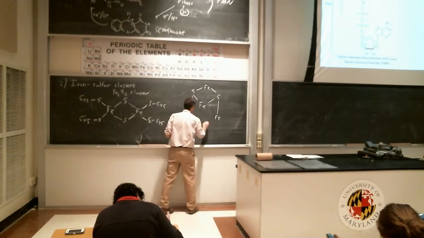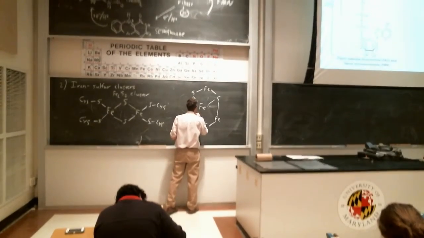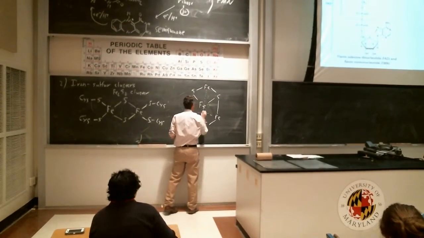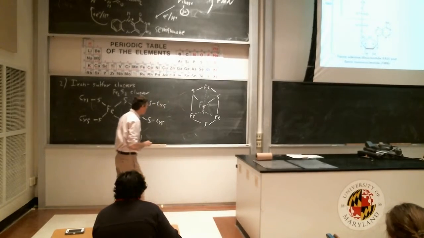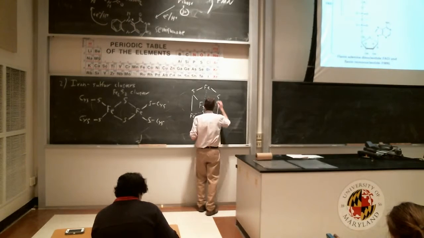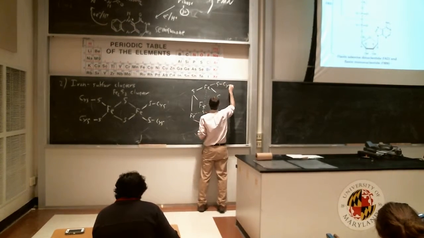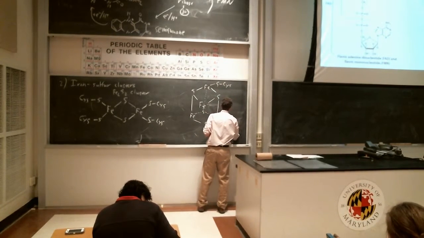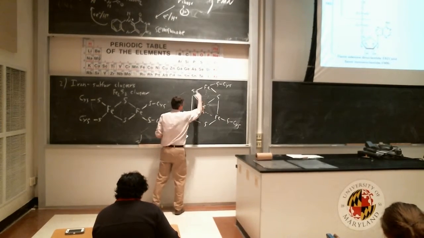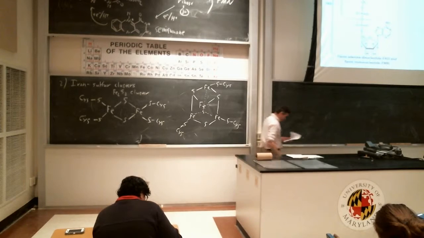These two bottom irons are also bonded to sulfurs, and then each iron is bonded to a cysteine. So you have this nice cubic structure of the irons and the sulfurs, and it's hard to draw.